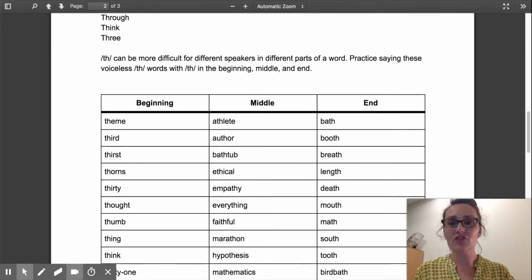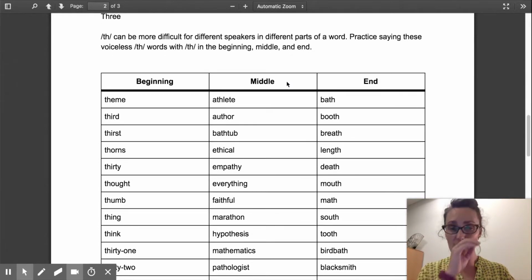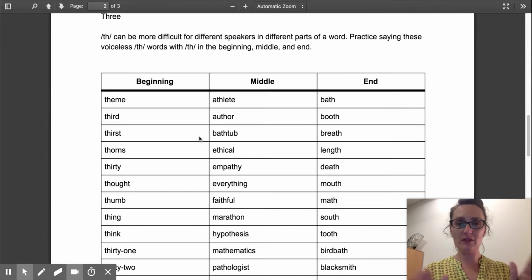And the TH sound can be more difficult for different speakers in different parts of a word. So for example, the beginning, the middle, and the end, these sounds can become even more difficult because you have other sounds around it. So I'm going to go through the list and you can follow with me. We'll do it across beginning, middle, end, so you can compare and contrast how it sounds to you, how it feels to you.